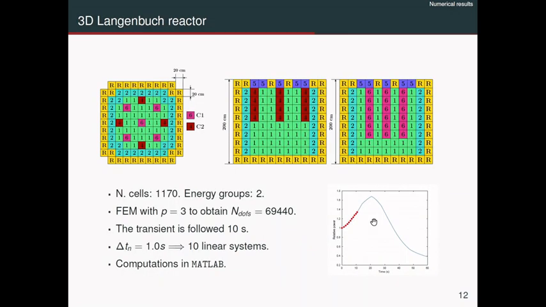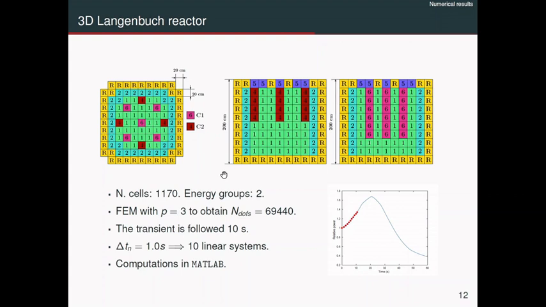So here we have a three-dimensional Langenbuch reactor where the transient appears when the control rods are moved. This reactor is composed of more than 1000 cells, has two energy groups, and we apply a finite element method with degree 3 to obtain a problem size of near 17,000 degrees of freedom.